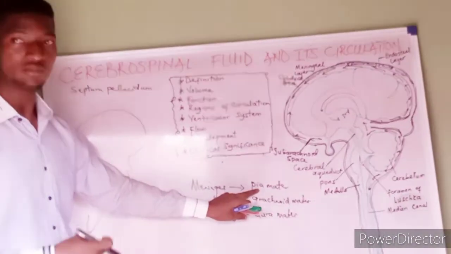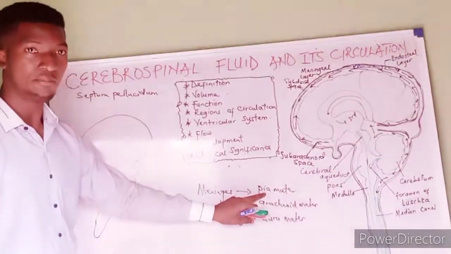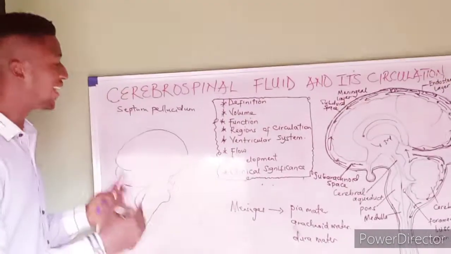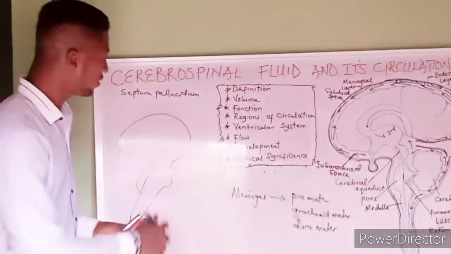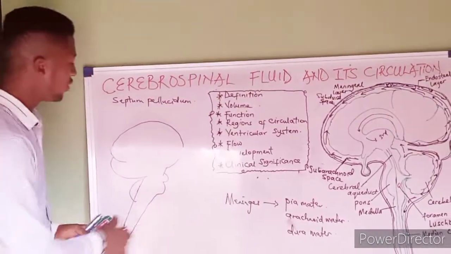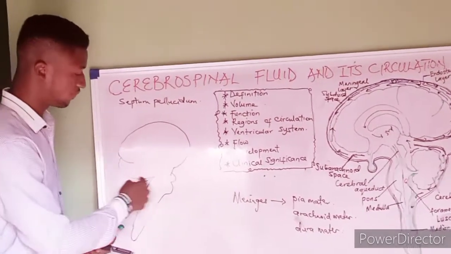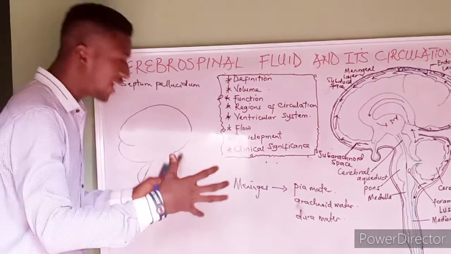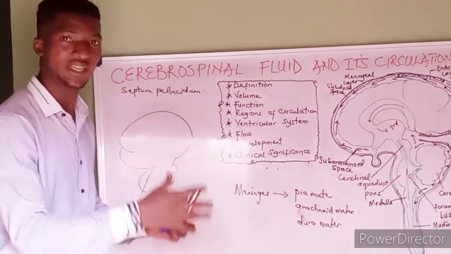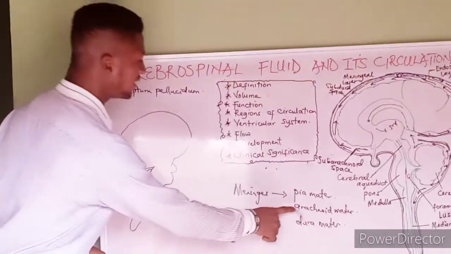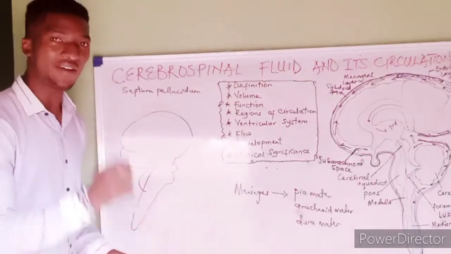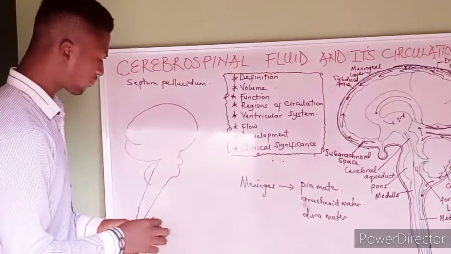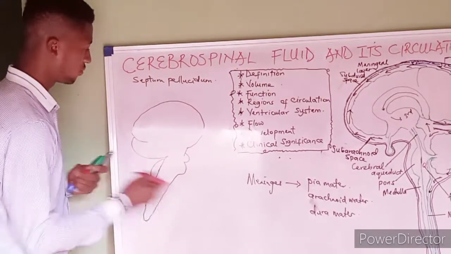It is a covering made up of tissue that attaches itself completely to the brain and spinal cord. So this structure we've drawn, we assume to be our pia mater because it attaches itself closely to the brain and the spinal cord. Now the second layer is the arachnoid mater. The arachnoid mater is separated from the pia mater.